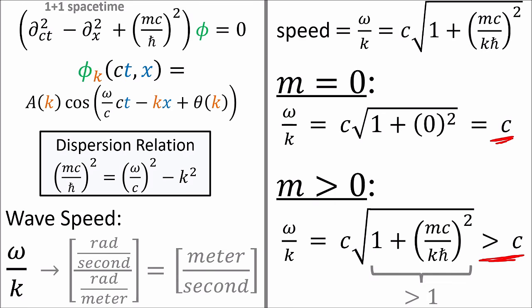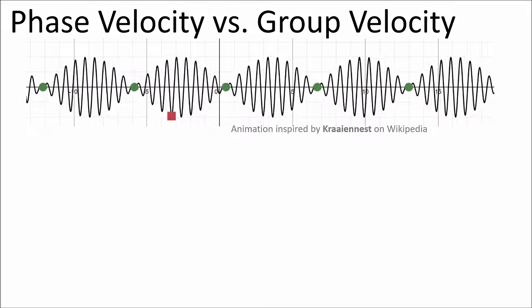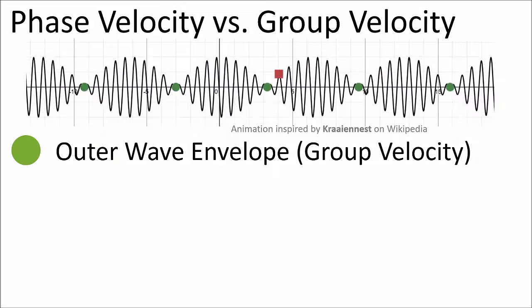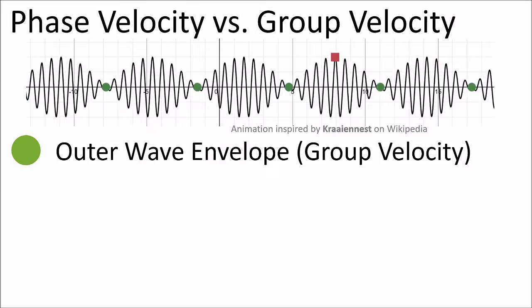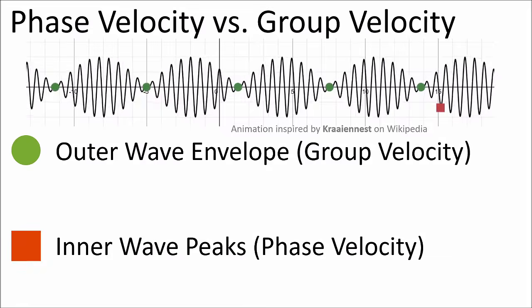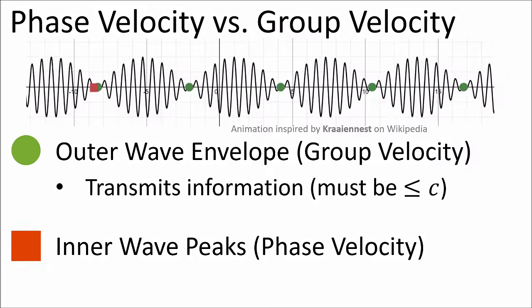However, it turns out this result is actually fine if we understand the difference between the phase velocity of a wave and the group velocity of a wave. As you can see here, this traveling wave has an outer envelope, which is traveling more slowly, and inner wave peaks that are traveling more quickly. The slower outer envelope is what is actually capable of transmitting information.